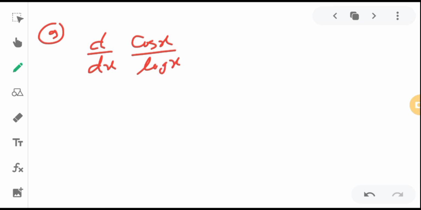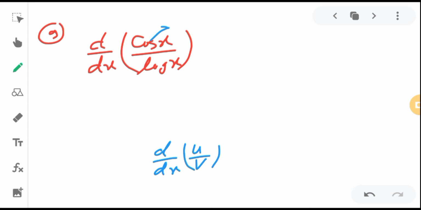Here you are able to see that there are two functions, cos x divided by log x. So I can treat this as the derivative of u divided by v. The u function I am taking as cos x and v as log x.